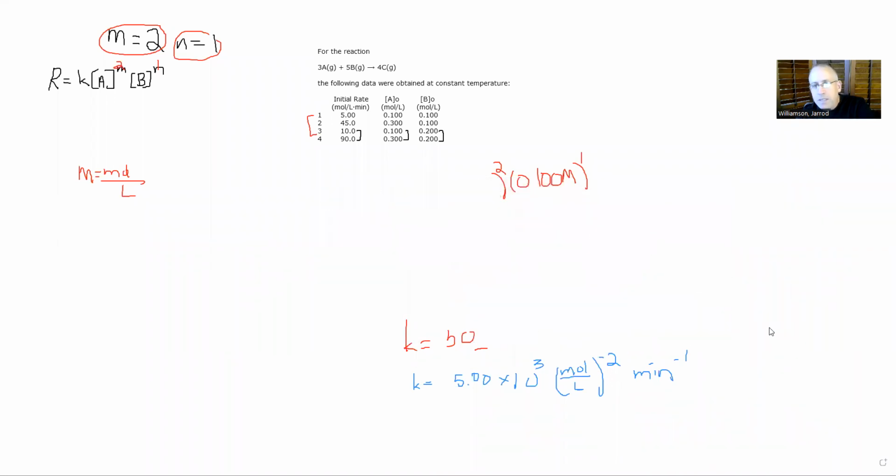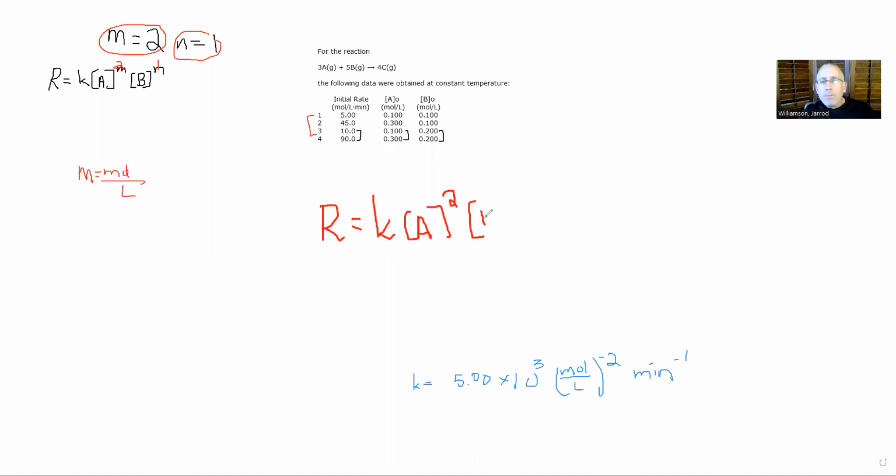Okay. Then I'm going to go ahead and rewrite the whole rate law in the format that I'm accustomed to. I would then say that the rate law is R is equal to K, lowercase k, A to the 2, B to the 1.